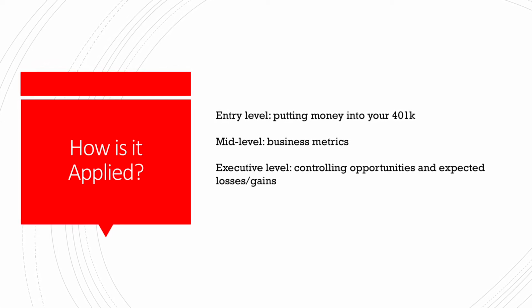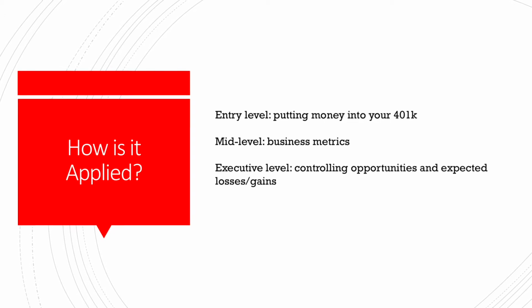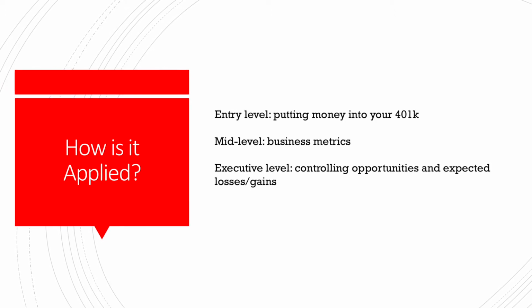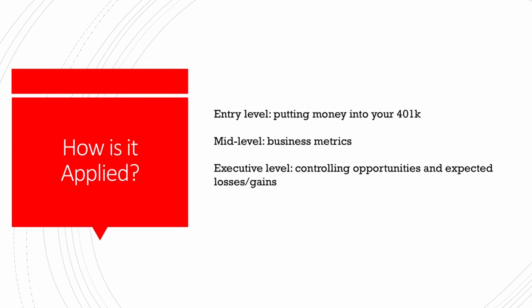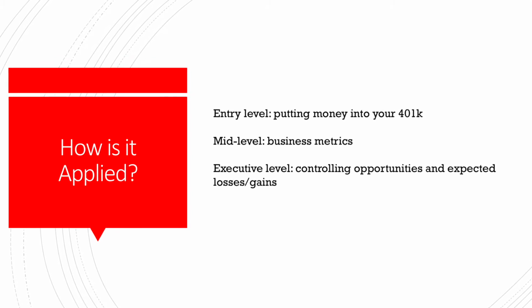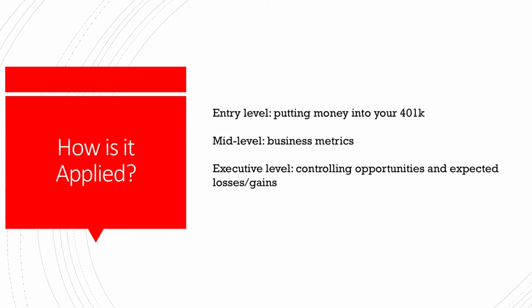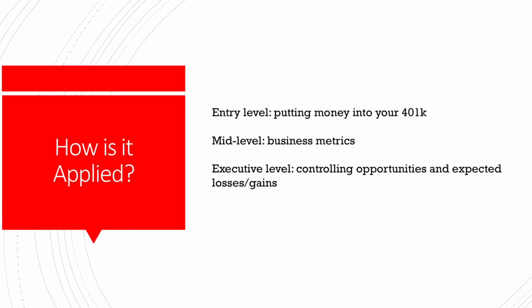At the mid-level, risk is measured in terms of business metrics. Professionals look at the opportunities of how their business is doing and what things they need to adjust in order to make sure that their business is running properly and they're not losing a lot of money. And at the executive level, it is about controlling opportunities of expected losses and gains.